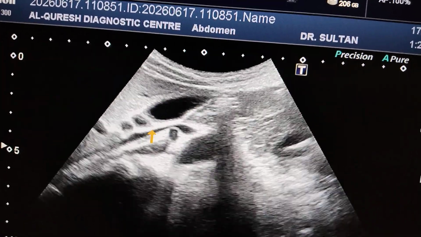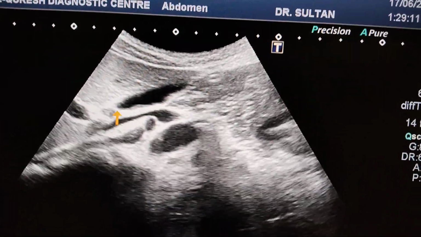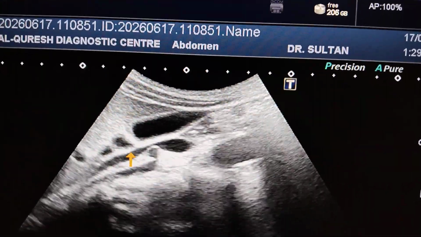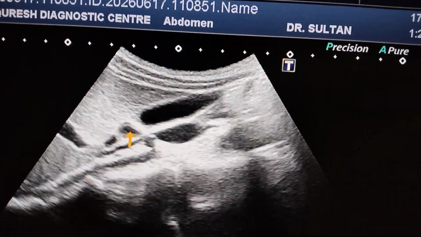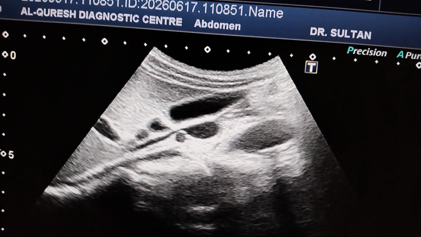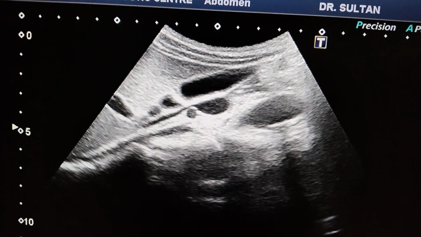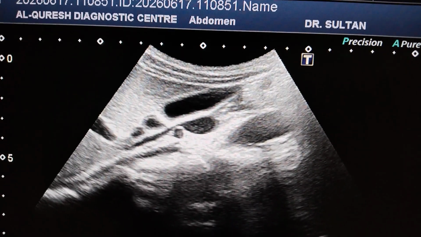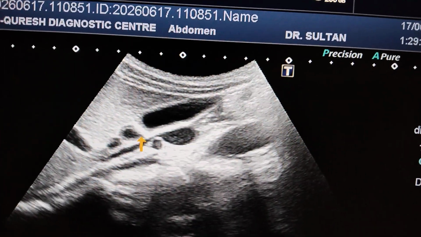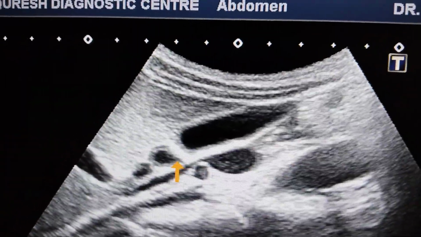So then the neck of the gallbladder connects with the cystic duct, which is hardly visible. Maybe this one, this smaller one here, maybe this area, this one is the cystic duct.